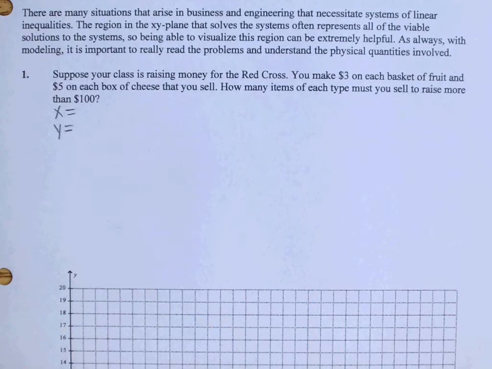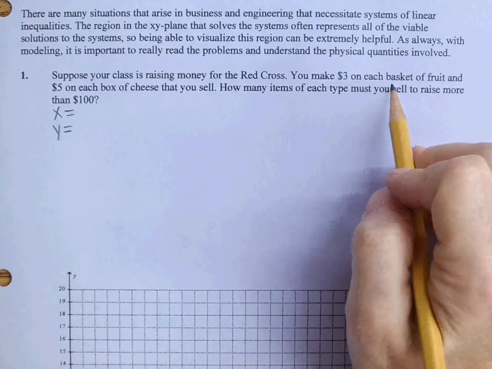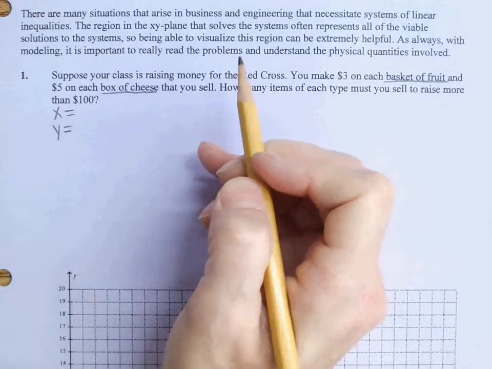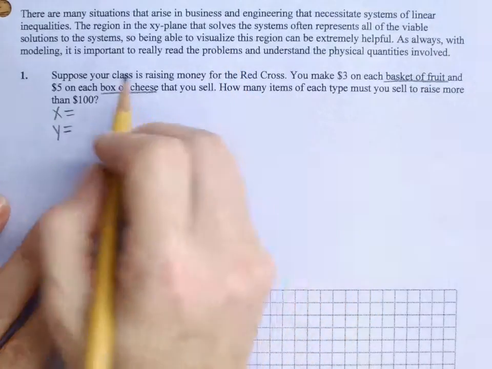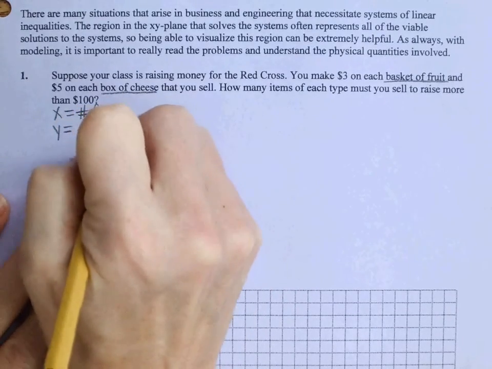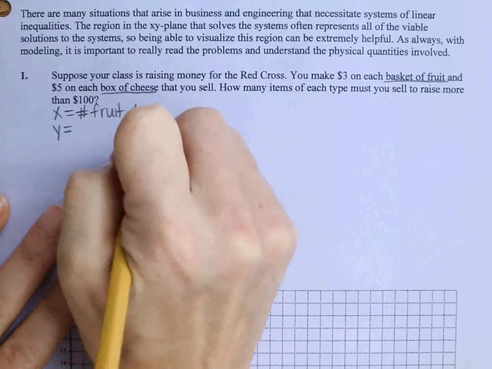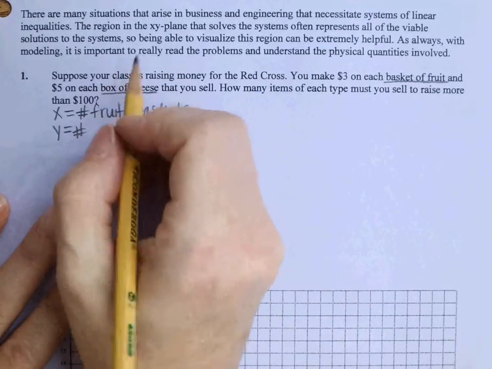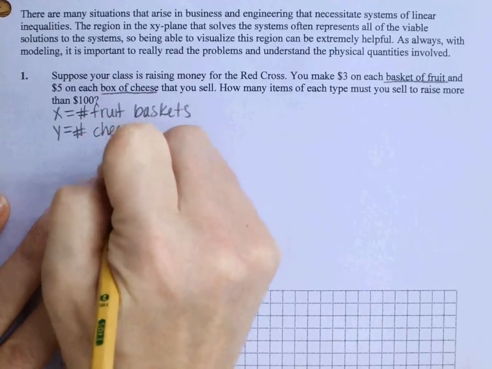What are the two different objects that they are talking about in this story problem? Hopefully you realize, if we reread, they have a basket of fruit and a box of cheese. So let's say x is the number of fruit baskets, and y is the number of cheese boxes.